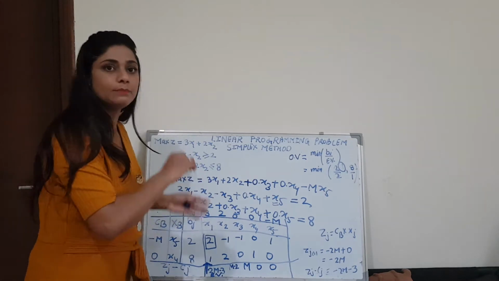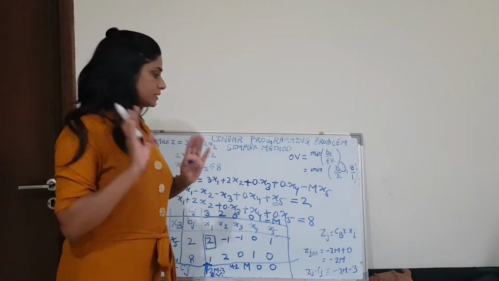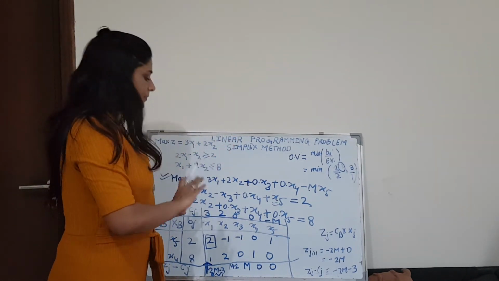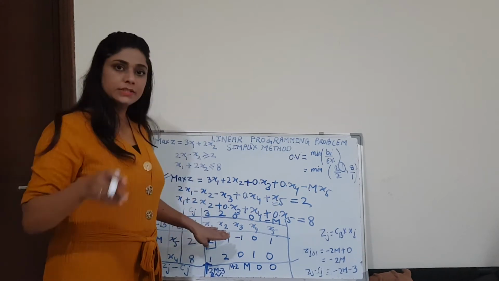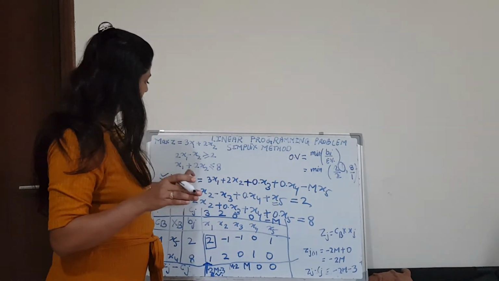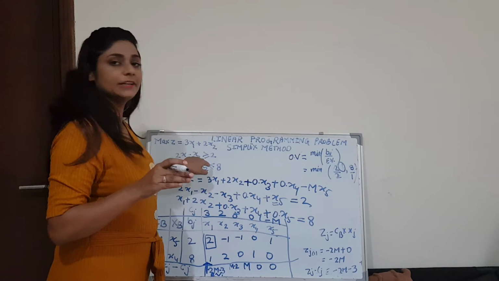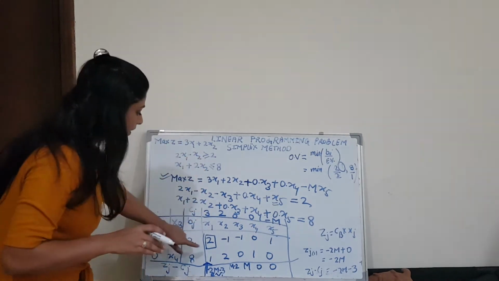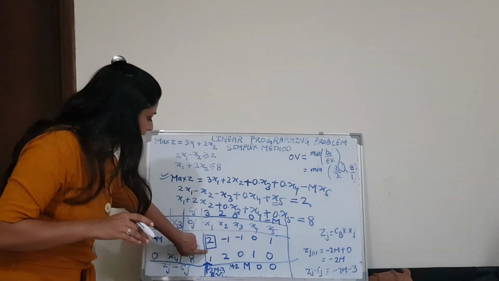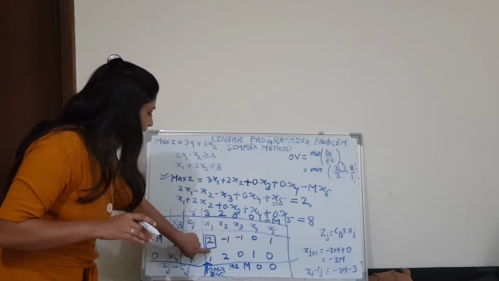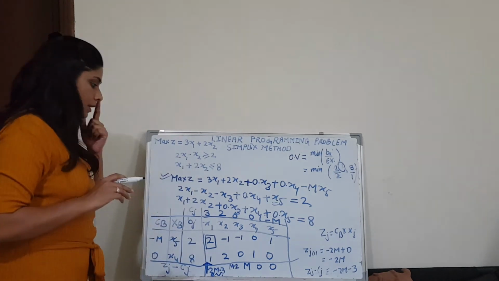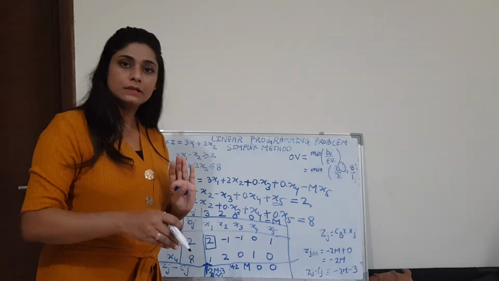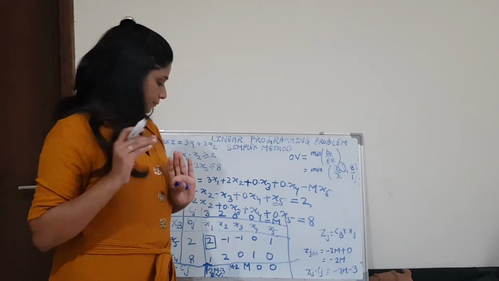Now the method is the same. In my previous video I discussed the simplex method, so the format is the same and the method is also the same. Just the changes are here because of the different conditions. Now we have our outgoing vector at this place. From this place we got it. Now we need to make a simplex table again.